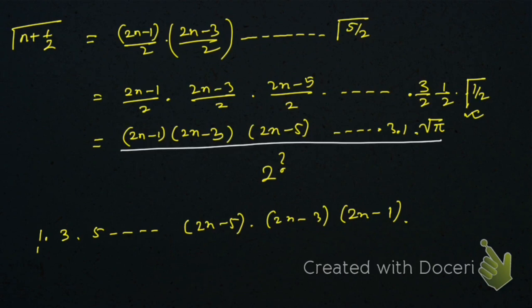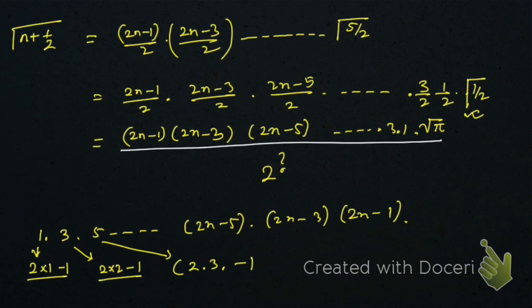So here you see, this 1 can be written as 2 into 1 minus 1, right? This 3 can be written as 2 into 2 minus 1. Then this 5 can be written as 2 into 3 minus 1, right? And so on.